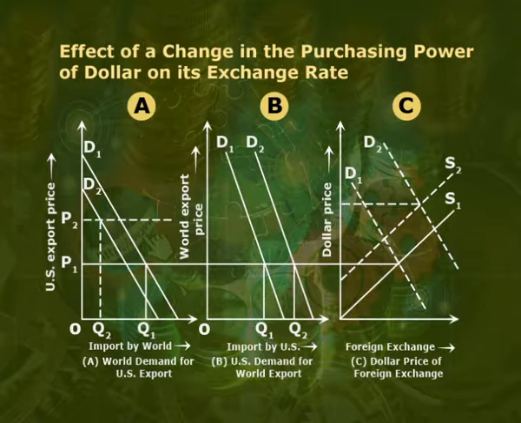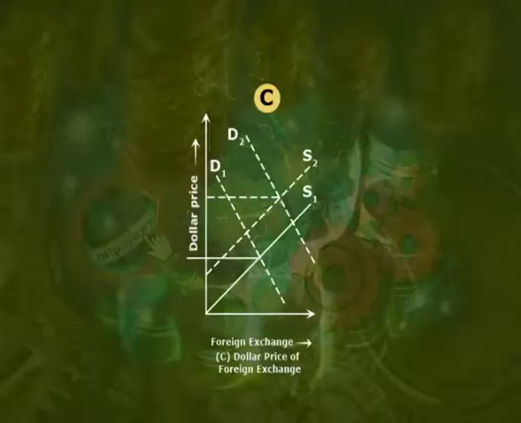This excess of imports over exports is reflected in the upward shift of the demand curve in C, that is, in the rise of American demand for foreign exchange. The American demand for world exports, and therefore for foreign exchange, far exceeds the world demand for American exports, and therefore the dollar exchange.